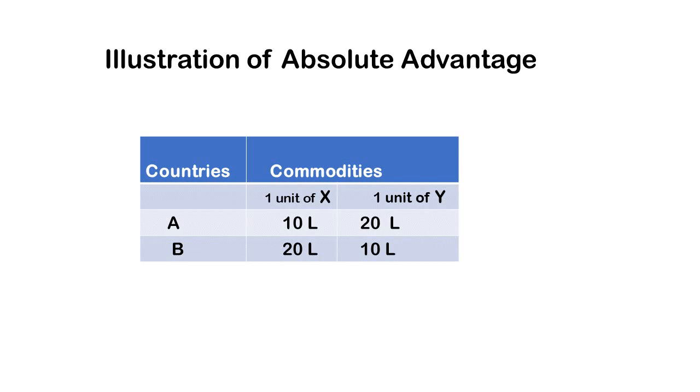So we can see that A has an absolute advantage in the production of commodity X, and at the same time B has an absolute advantage in the production of Y. That is, B is more efficient in the production of Y. So from the table we can see that A is more efficient in the production of commodity X because it has an absolute advantage in X, and B has an absolute advantage in the production of Y.